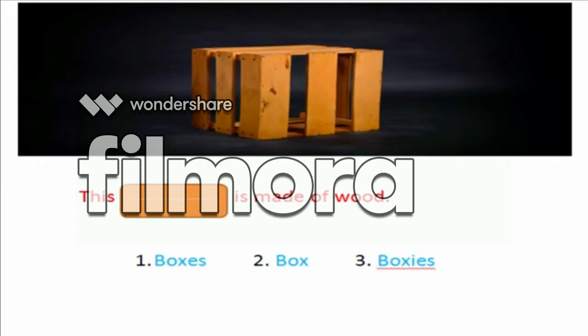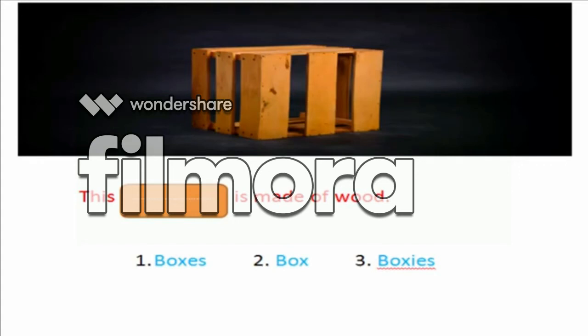But we should consider the sentence. Look, there is a demonstrative pronoun this. And this is singular. So here we are in need of a singular word. And box, B-O-X, is singular. Then we have to be is. We don't have are. If it is are, that is another thing. Is singular.